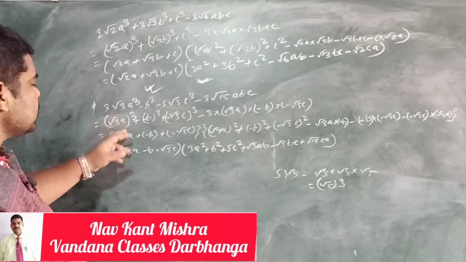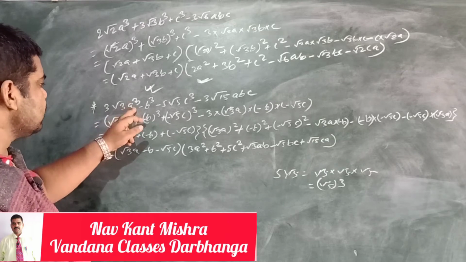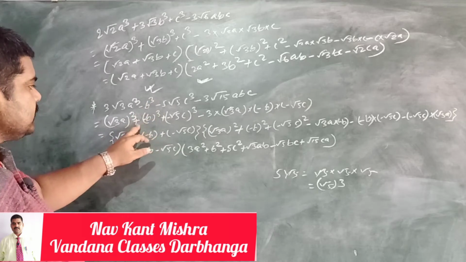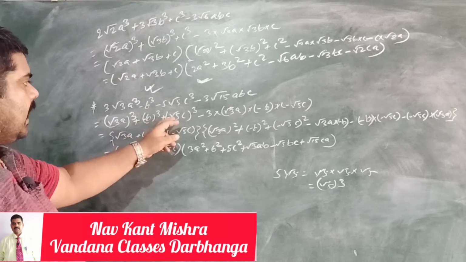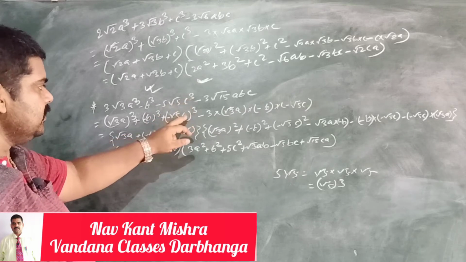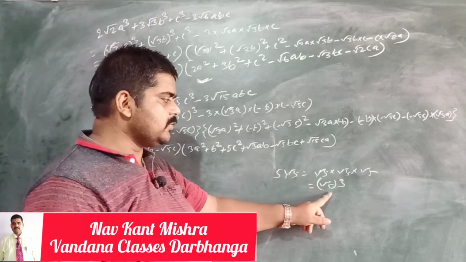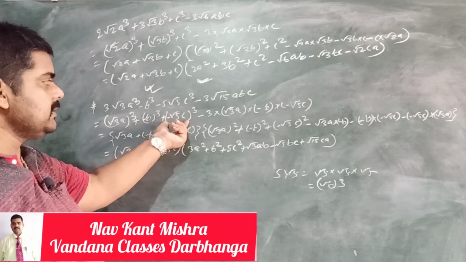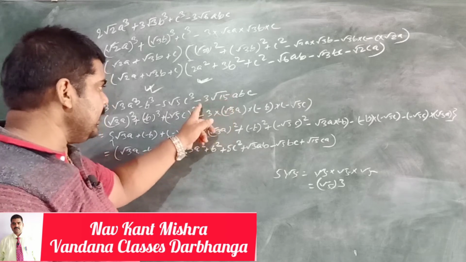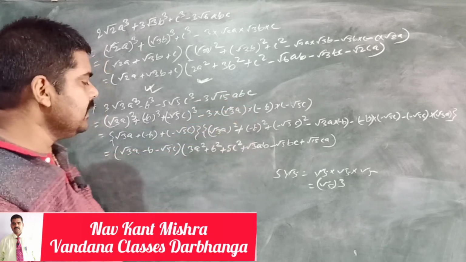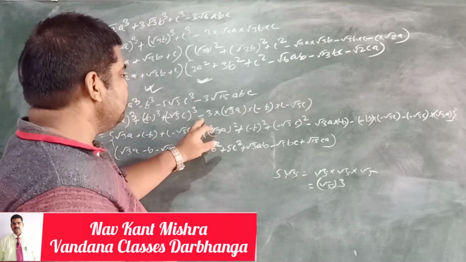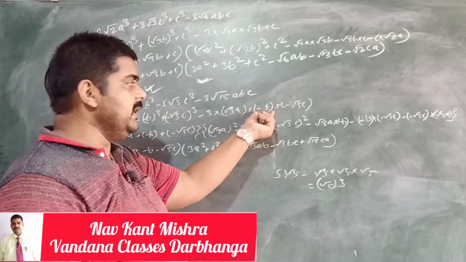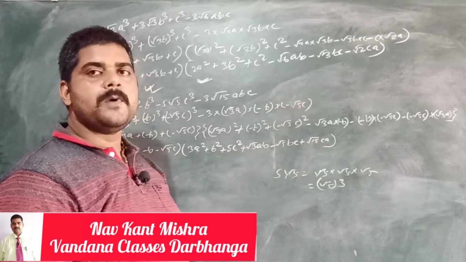My dear student, in this question you can see that 3 root 3a cube can be written as root 3a cube, minus b cube can be written as plus minus b cube, and minus 5 root 5c cube. Since 5 root 5 is equal to root 5 cube, it can be written as minus root 5c cube, and minus 3 root 15abc can be arranged as minus 3 into root 3a into minus b into minus root 5c.